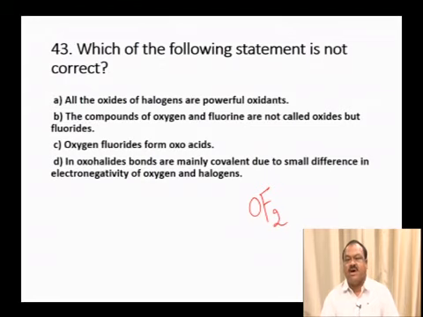Oxygen fluorides form oxo acids. D option: in oxo halides, bonds are mainly covalent due to small difference in electronegativity of oxygen and halogen. Oxygen's electronegativity is comparatively higher than the halogens, correct. So the wrong answer among the following is, oxygen fluorides form oxo acids. It is not suitable. So the suitable answer is C.